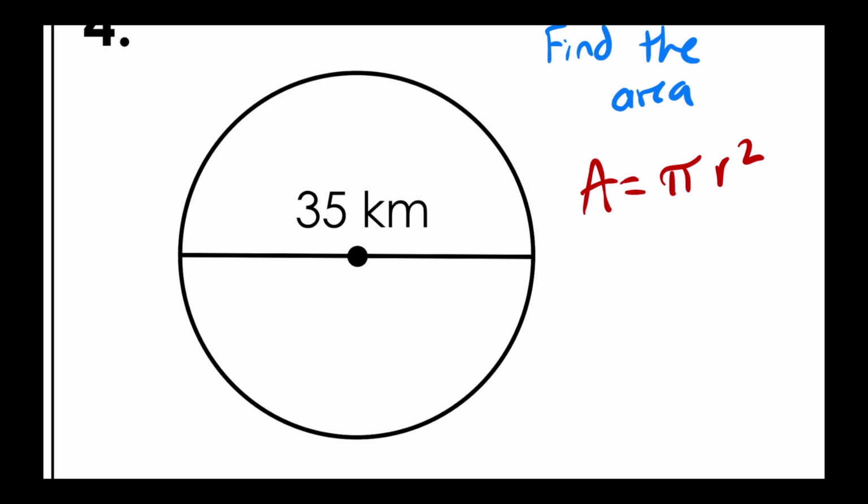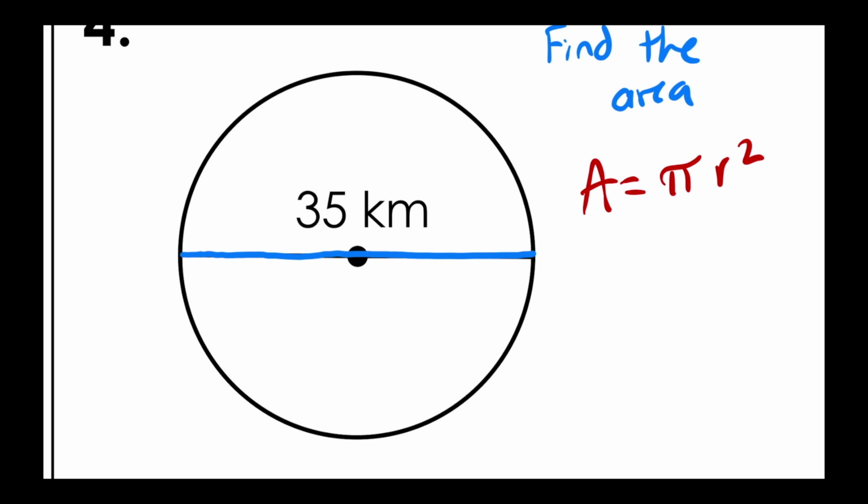Oh, someone said, wait, no. What is it, guys? What are we seeing in the picture? What's 35? 35 kilometers is what? 35 kilometers is the diameter. Yes, very good. It's all the way across, goes through the middle.